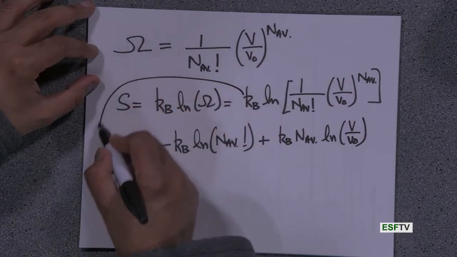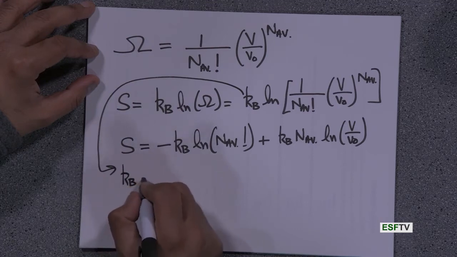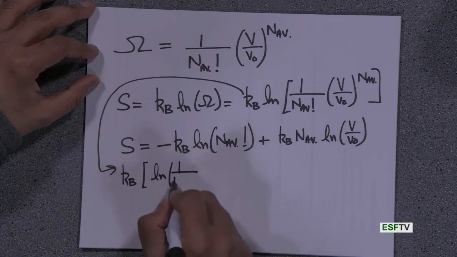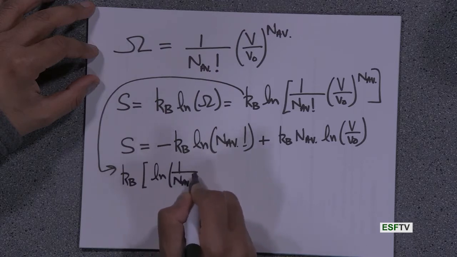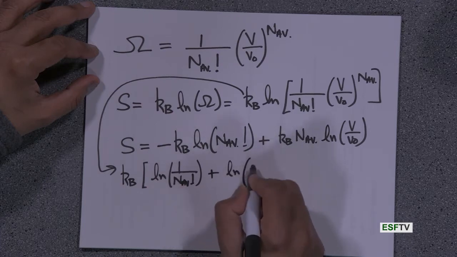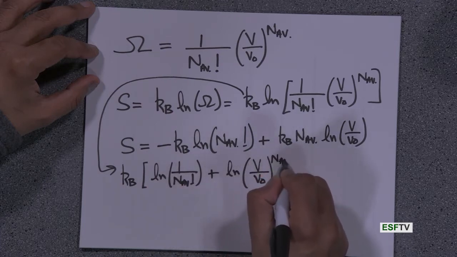I got there by the following steps. That becomes kB multiplying the logarithm of 1 over N Avogadro factorial plus the logarithm of V over V0 to the power N Avogadro.